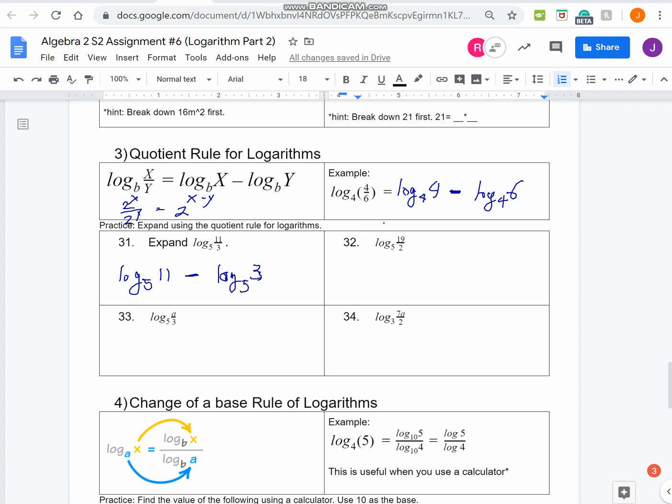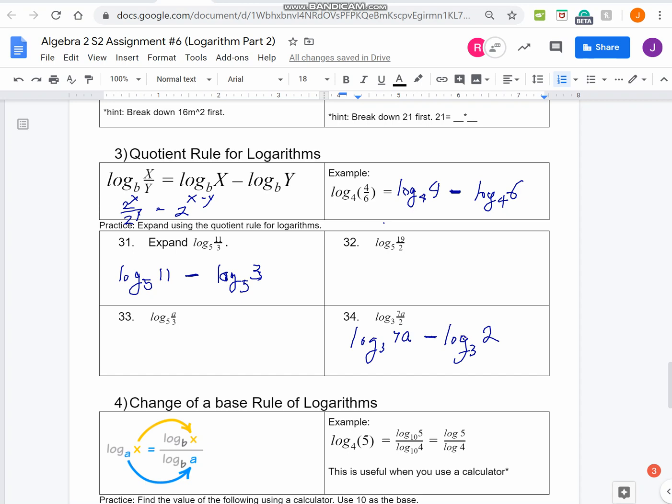All right, now number 34. Number 34 is log base 3 of 7a over 2. Okay, so just like the other questions, we're going to separate them, and it's going to be log base 3 of 7a, very good, minus log base 3 of 2, very good.